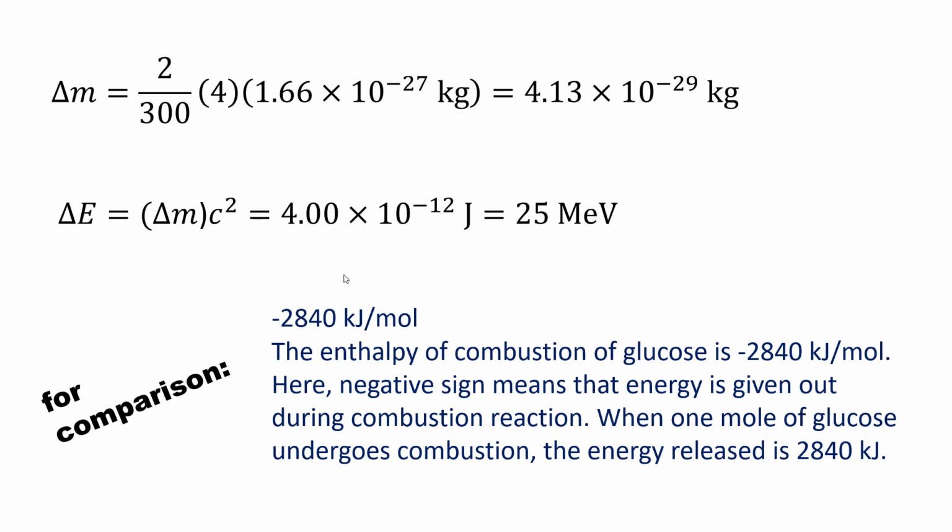So I just did a quick Google search. Somebody who teaches chemistry could make this more precise for you, but if you combust or burn 1 mole of glucose, you get this much energy out of it. Where's my laser pointer?